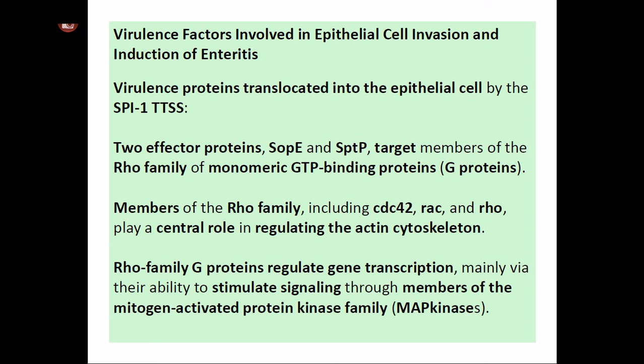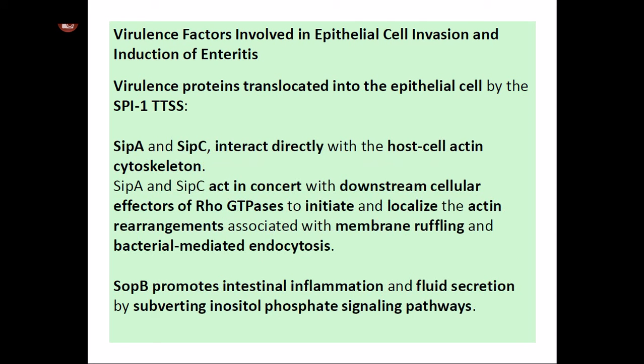The members of this family, including CDC42, Rac and Rho, are all examples of G proteins. SopE and SptP regulate the gene expression of these G proteins through the members of the mitogen activated protein kinase, or MAP kinase, family. Using the MAP kinase proteins downstream, they control the transcriptional regulation of G proteins like CDC42, Rac and Rho, which play a very vital role during virulence.